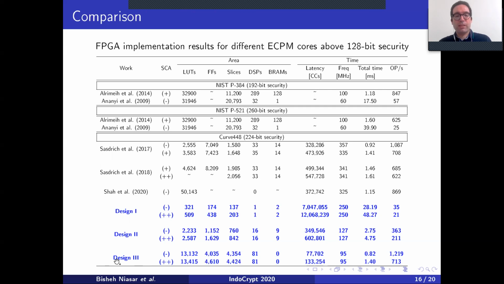Our high performance design can also increase the total operations per second compared to all previous works, while it needs more resources. We also report here our highly protected scheme employing point re-randomization and scalar blinding.